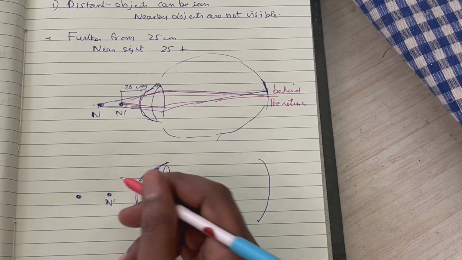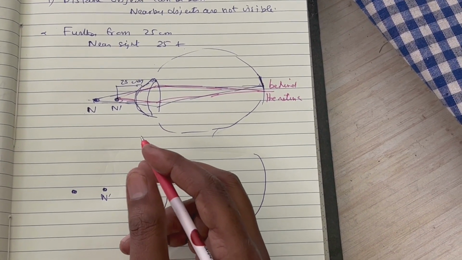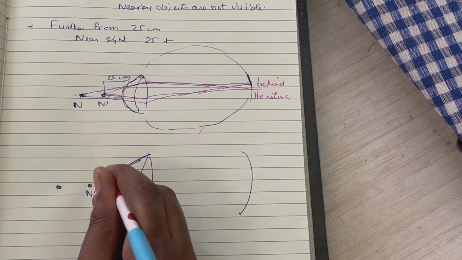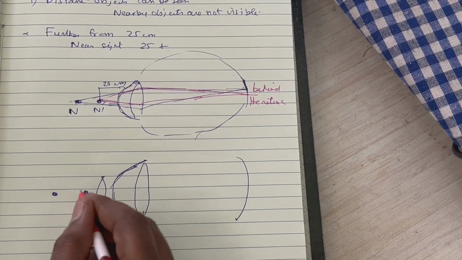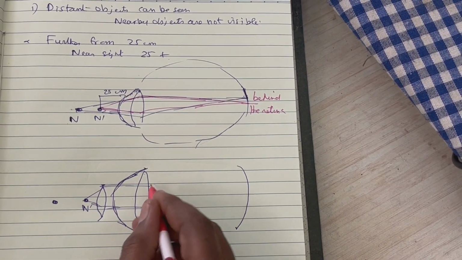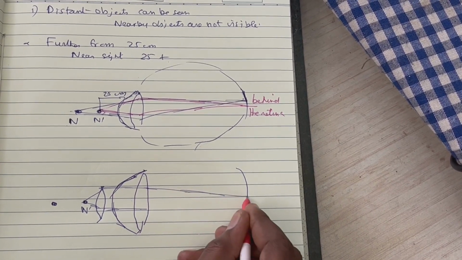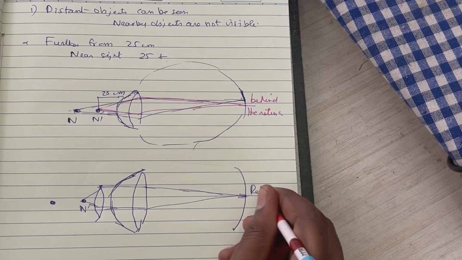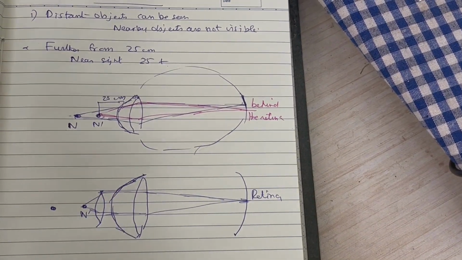So if you keep a convex lens over here, you can see that the problem can be rectified. That is, the image will be forming on the retina.